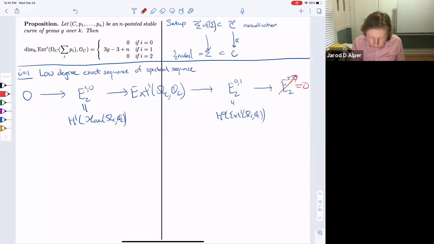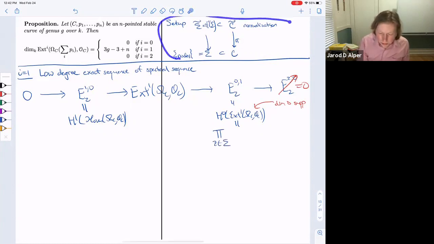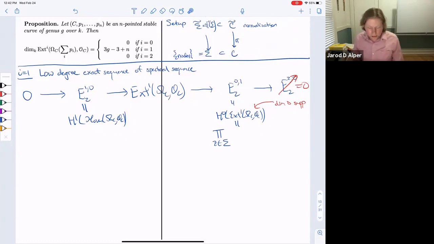And on that last page, we also showed that this sheaf here has dimension 0 support. And since you're taking global sections, I could just take the product over all the nodes. So I'm carrying up in the top right corner, I sort of recall the basic setup.